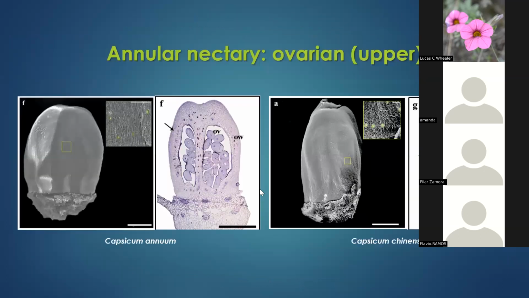There is one interesting feature that we saw in Capsicum. There is no distinguishable region with nectarostomata in the lower part. What we found is that the nectarostomata have shifted from the lower to the upper position. If you see this flower, you would find that nectar is accumulated at the top layer of the gynoecium. So there has been a shift in position in Capsicum species only, and that's why we call it an upper ovarian type of annular nectary.